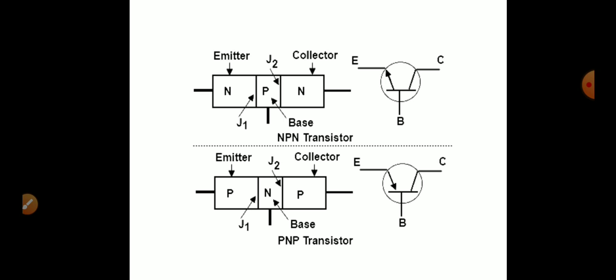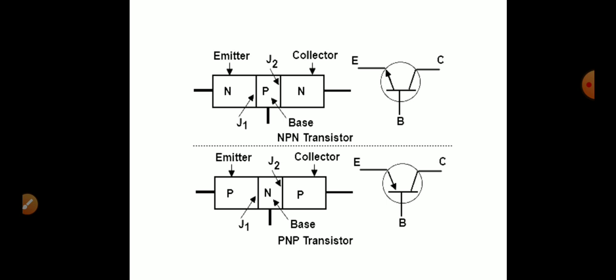The emitter region is heavily doped, and the base is a very lightly doped region. The collector's level of doping is in between that of the emitter and base. This is the basic structure of a transistor.